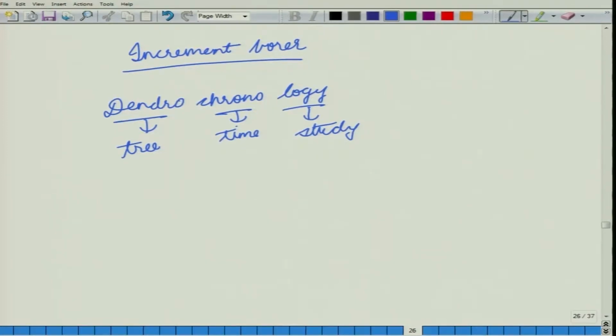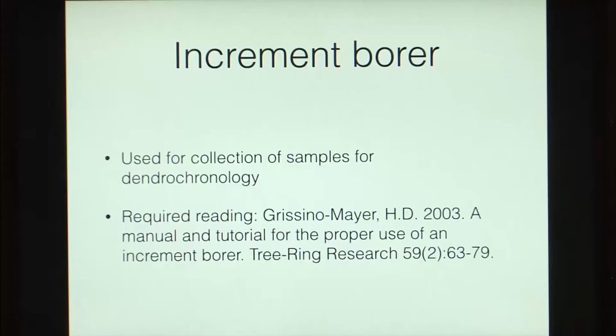If you look at the slide now, it gives us a required reading: a paper by Grissino-Mayer 2003, a manual and tutorial for the proper use of an increment borer.